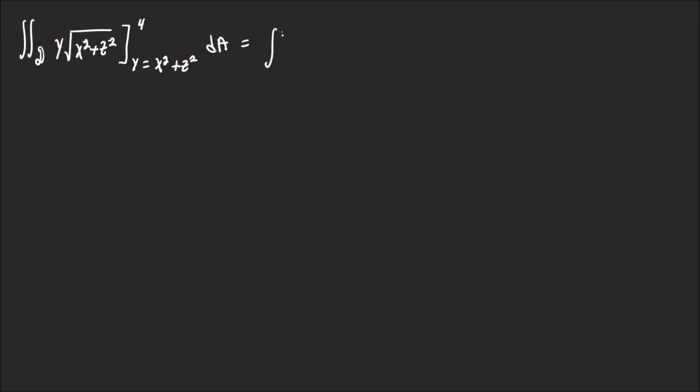And so we're left with this double integral over D of 4 minus x squared minus z squared times the square root of x squared plus z squared dA. We now convert this into polar.